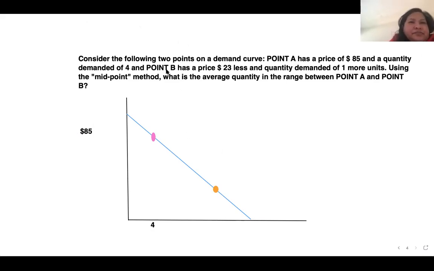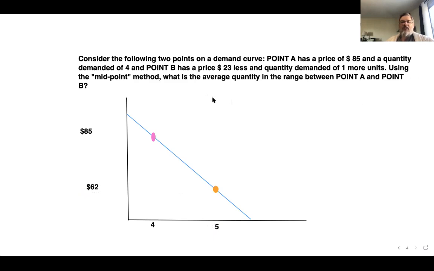And it says that point B has a price $23 less. So that's going to be 85 minus 23, which is $62. And it says it's got 1 more unit, so that makes it pretty easy. This is just 5 over there, right?